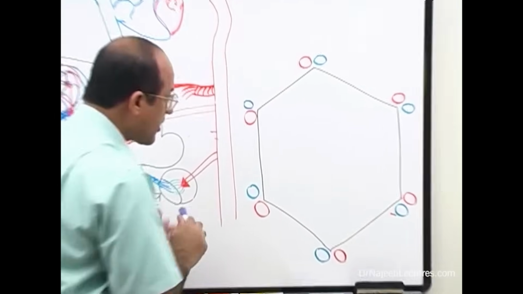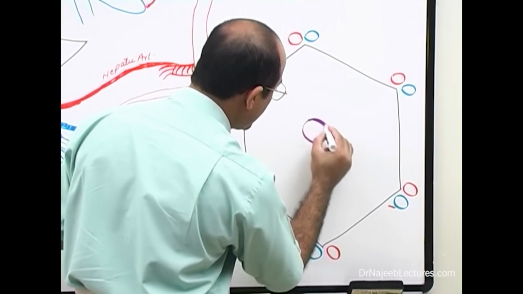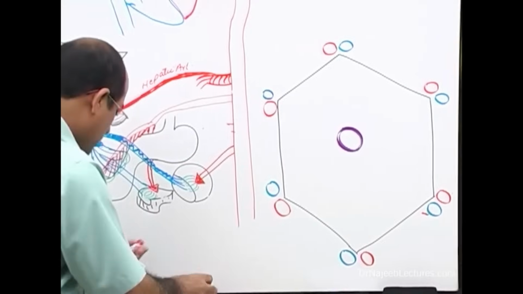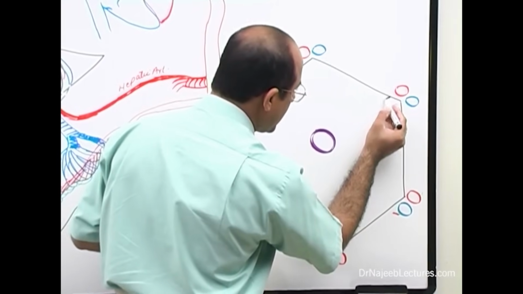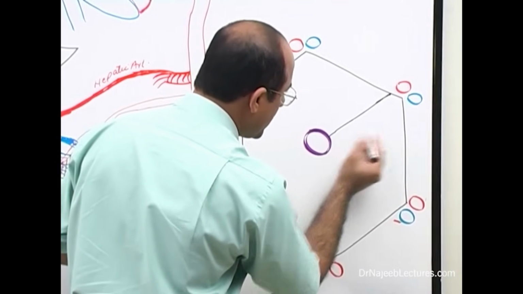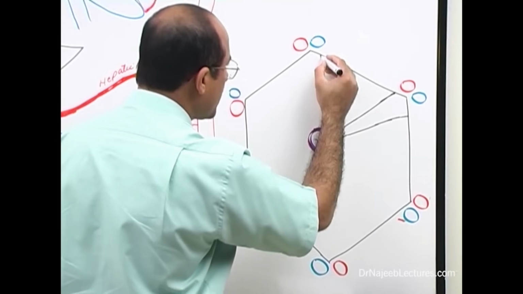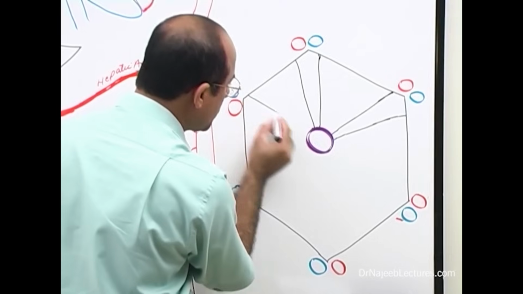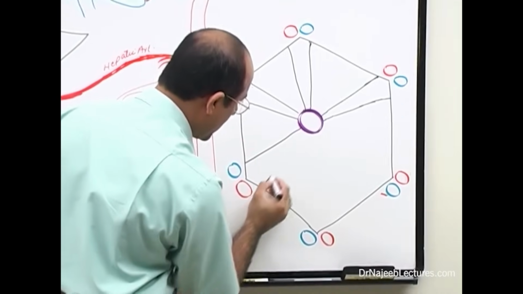Now, what is present here? Central vein. Now what you have to understand is that these are the sinusoids which were going from the periphery to the central vein. Is that right? These are the sinusoids.